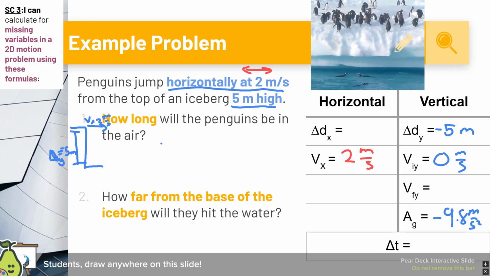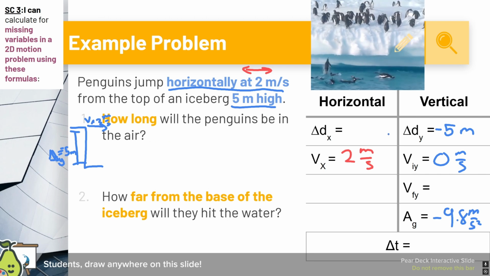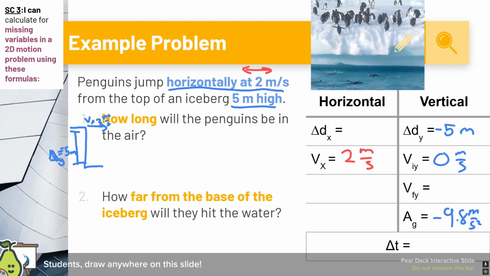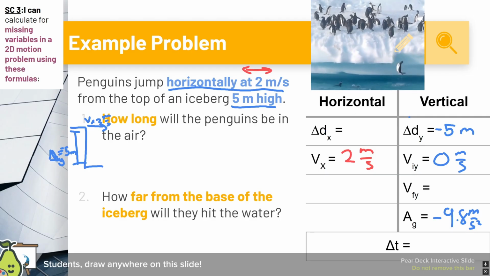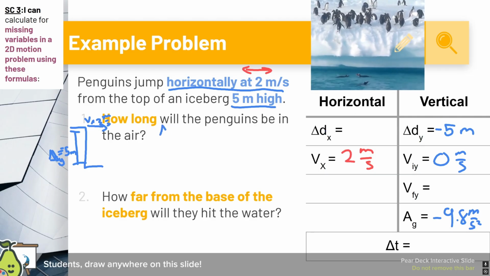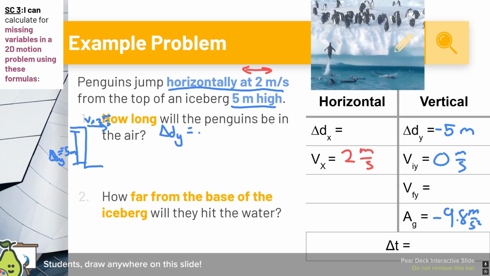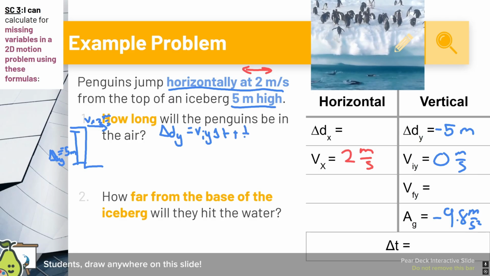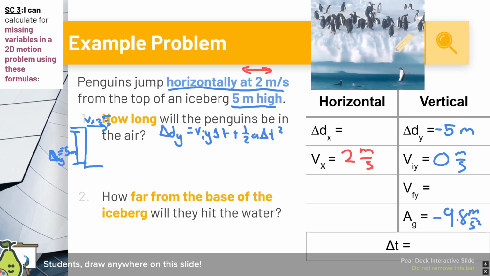From here, we have a time. Right now we're missing dx, so we should probably immediately think, okay, let's look over at the vertical side. We've got enough information. We've got all the things to use this equation. All right.